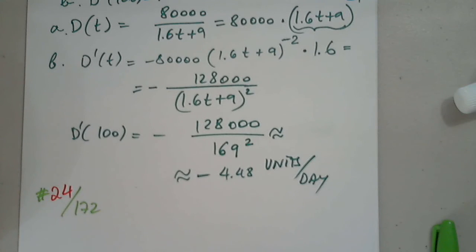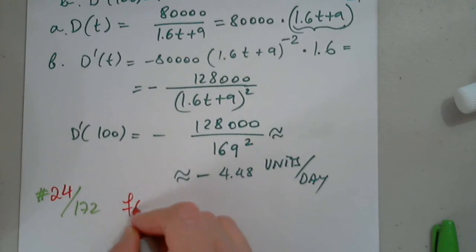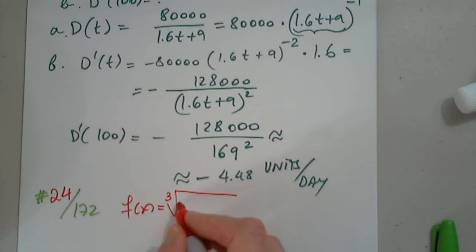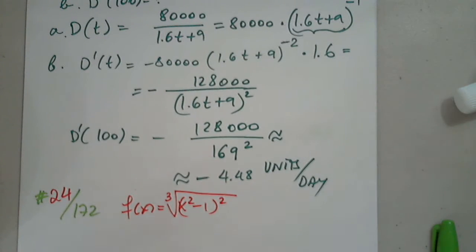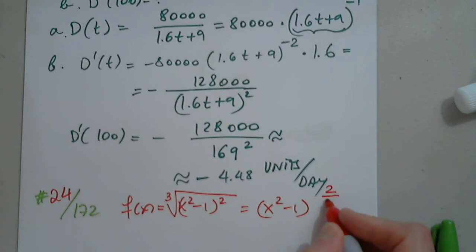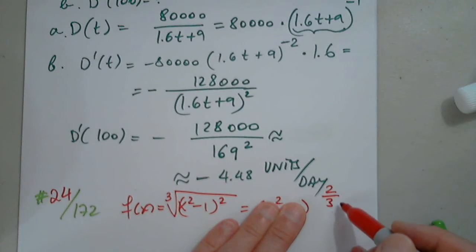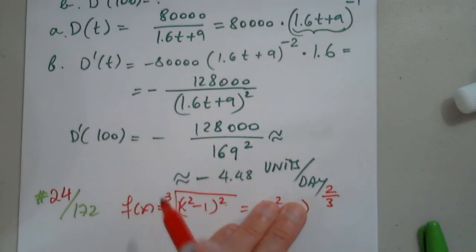So 24. So this is the f of x. Am I correct? Is the cube root of x squared minus 1, squared? Yeah. Okay. So if you remember from last time, I said this is not a good setup. This is the best setup. So we know that every radical is basically a quantity and the exponent is a fraction, 2 over 3.